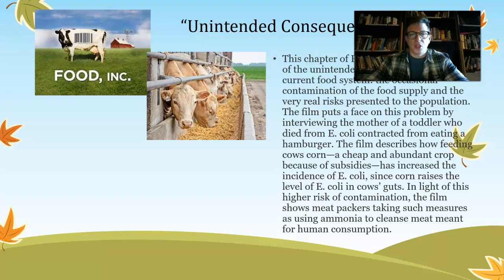So corn is being pushed out to cows. If I'm a farmer and I paid $500 for this cow and $500 for this cow, and this cow eats corn and this cow eats wheat, this cow who eats corn is going to weigh, let's say, 1,500 pounds, because they're eating corn. They're really fat and muscular.